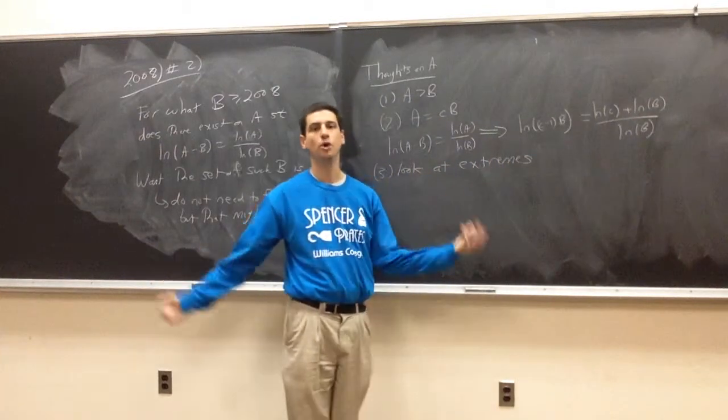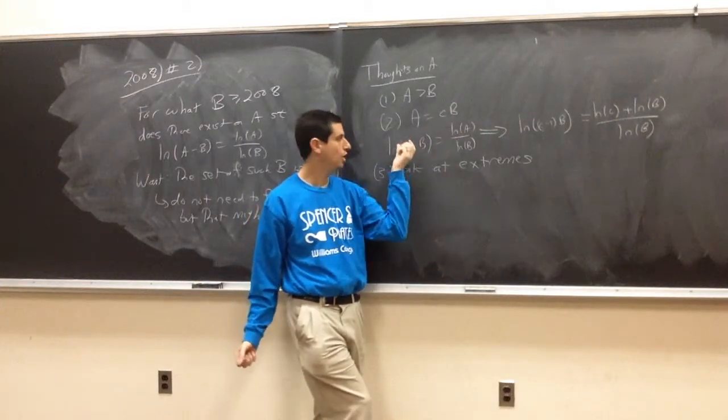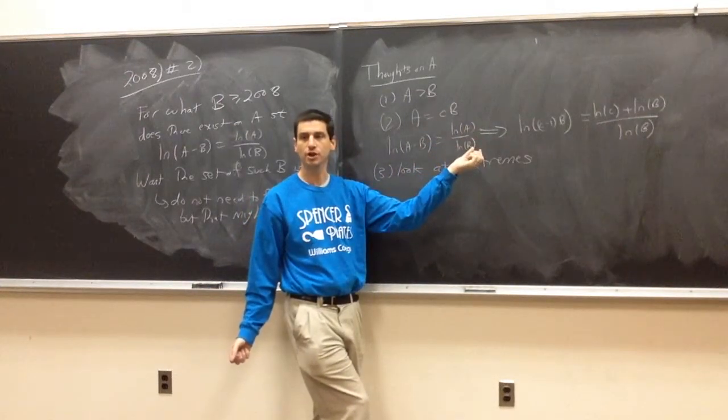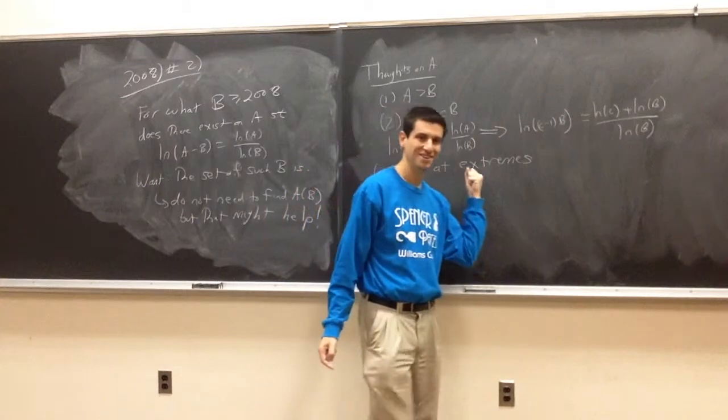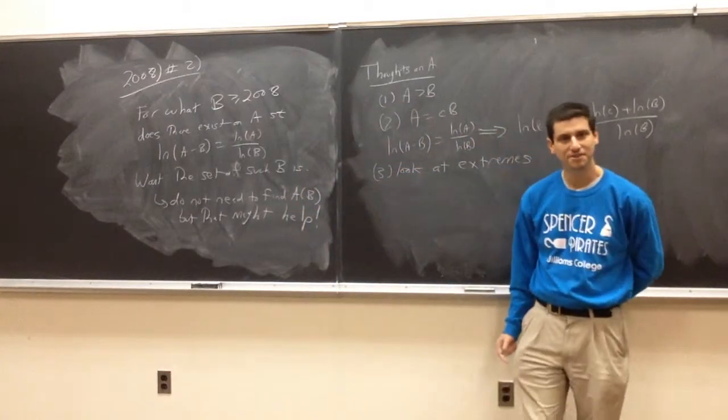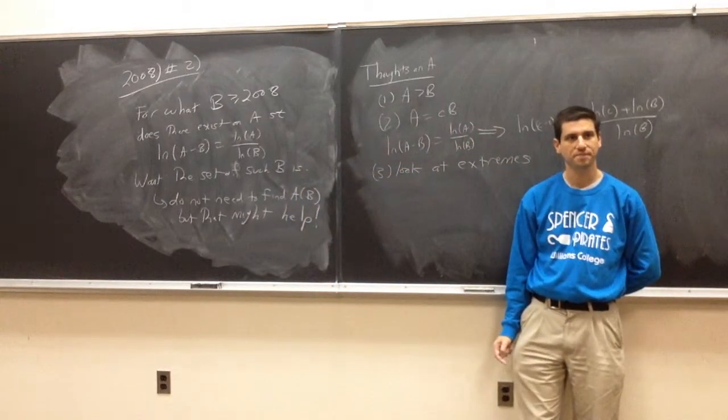If A is enormous, which side wins? The ln of A minus B or the ln of A over the ln of B? The left. Good. Why does the left-hand side win?